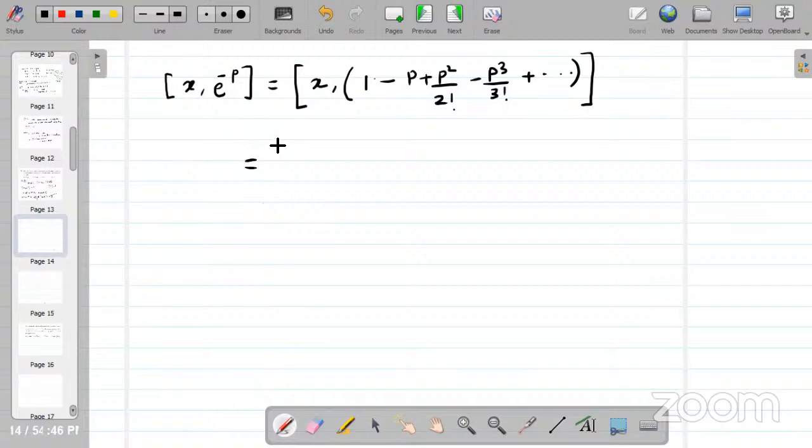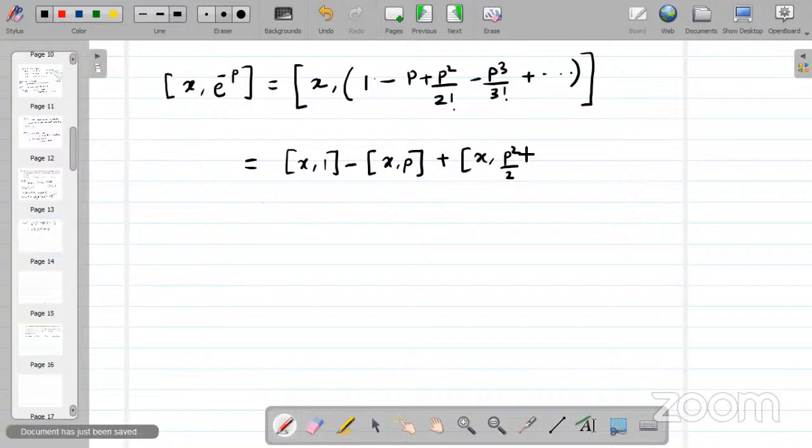I have x comma 1 minus x comma p plus x comma p square by 2 minus x comma p cube by 3 factorial.